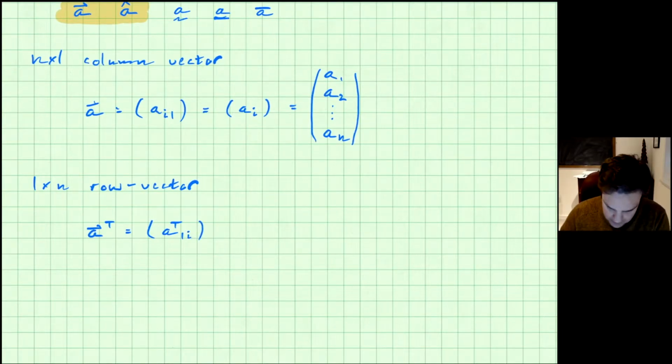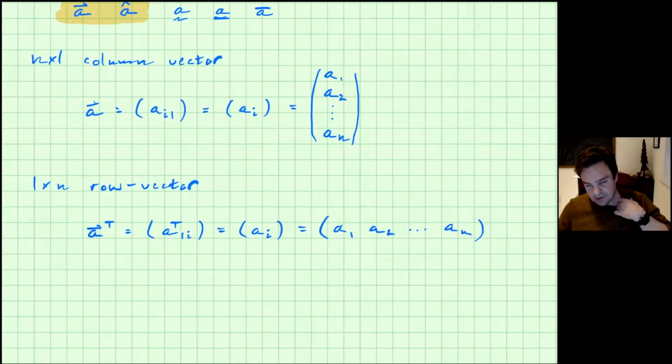Again, people don't usually keep track of that. They'll just say this is A sub i. And if you line them up, it looks like this: A1, A2, and then over to An. That's called a row vector because the elements are lined up in a row.